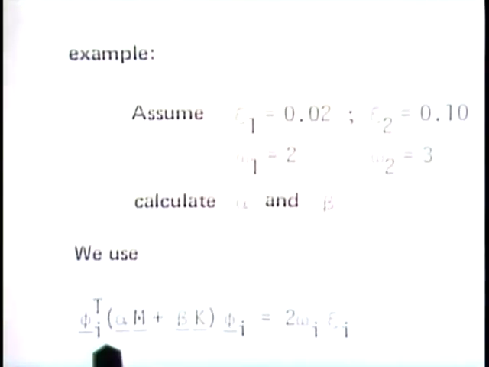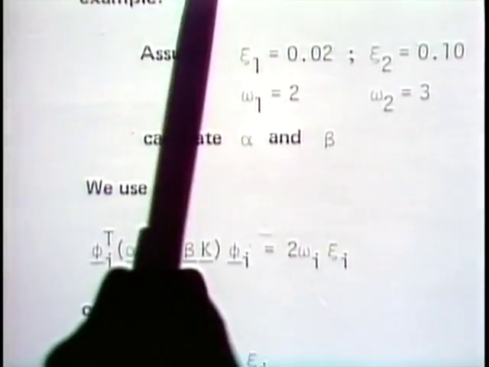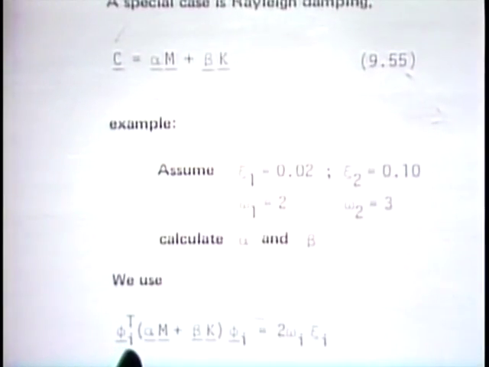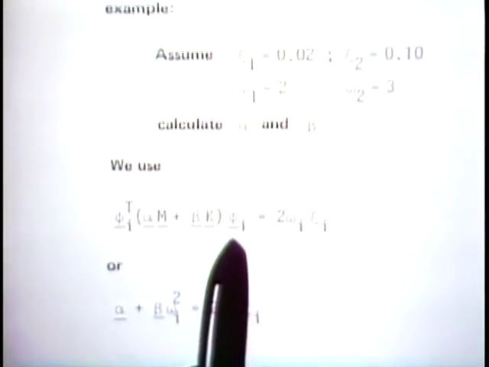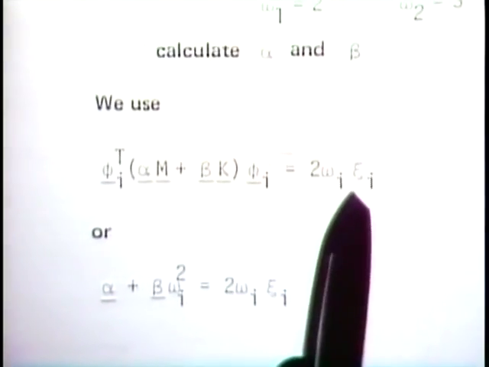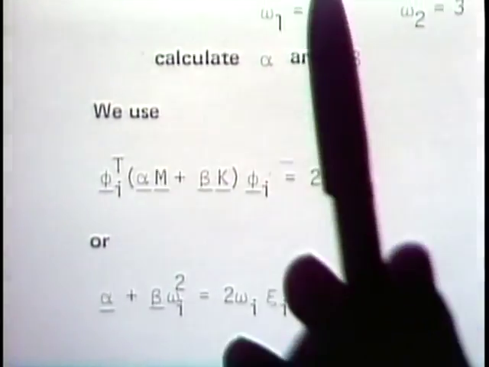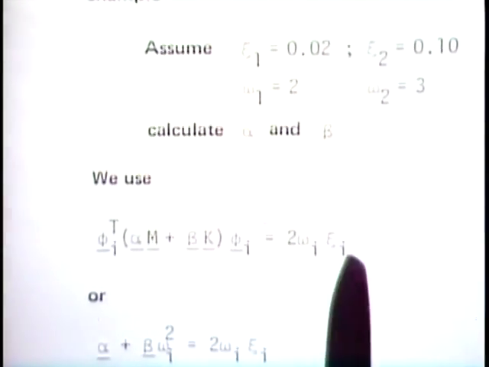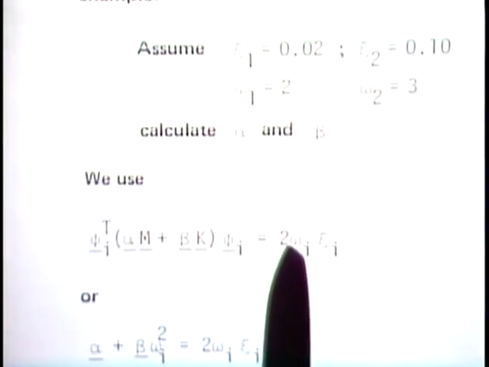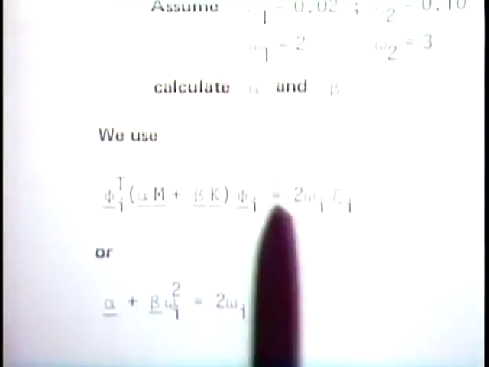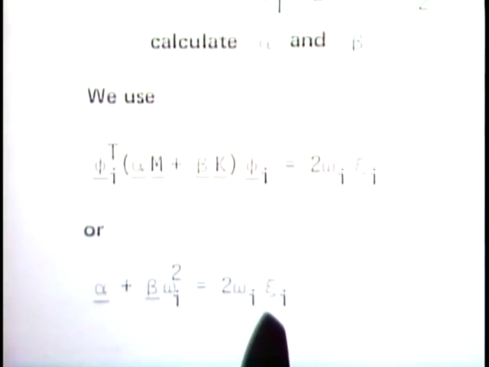Well, what we do is we use this C matrix in the relation phi I transposed C times phi I. And that shall give us 2 omega I psi I. Of course, we have two I values, I equals 1 and I equals 2. So we can apply this equation twice. Well, when we calculate it out, we get this.